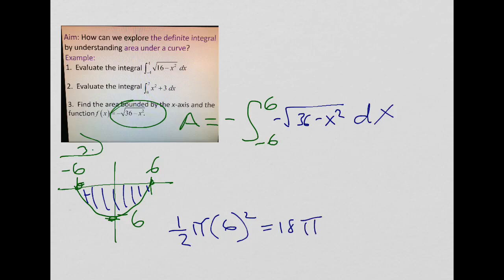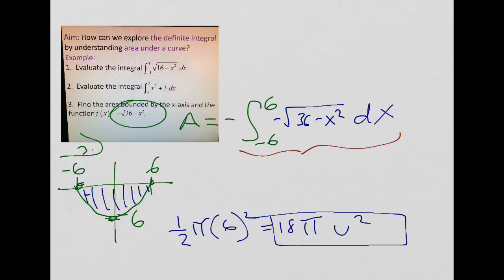So the answer here is 18 pi square units. This is the correct answer for number 3. But I just want to point out that if you were evaluating the integral, you would actually have a negative answer because it's below the x-axis, and we negate that to state the correct area of positive 18 pi.